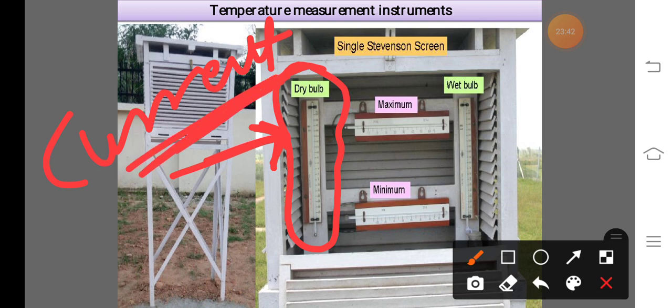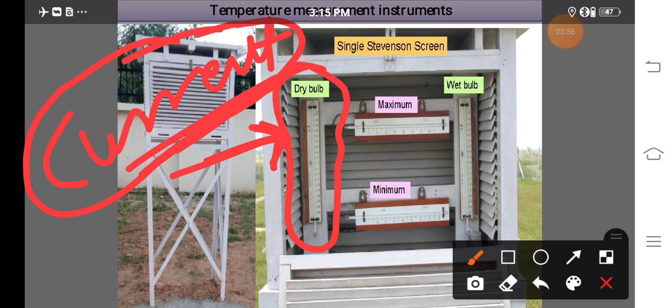So if a question is asked on the use of the dry bulb thermometer, you write that it is used to record the current atmospheric temperature, or to measure the temperature of the dry atmosphere. So this is about the dry bulb thermometer.